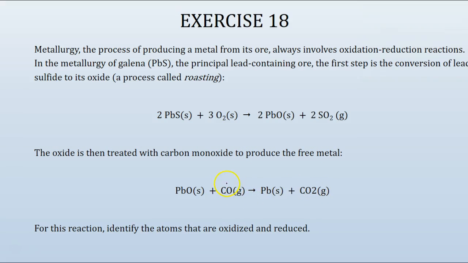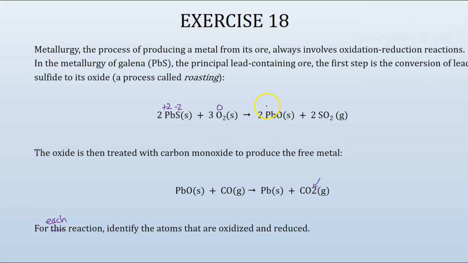So carbon monoxide is thrown in there, and it gives us the free lead and carbon dioxide. I didn't do that. Sorry about that. That's a mistake. Okay, so it says, for this reaction, identify the atoms that are oxidized and reduced for each reaction. Not for this. It should say for each. Sorry, I think on your paper it does say for each. Okay, so we're going here first. We have a +2 lead, a -2 sulfur. We have a 0 O.